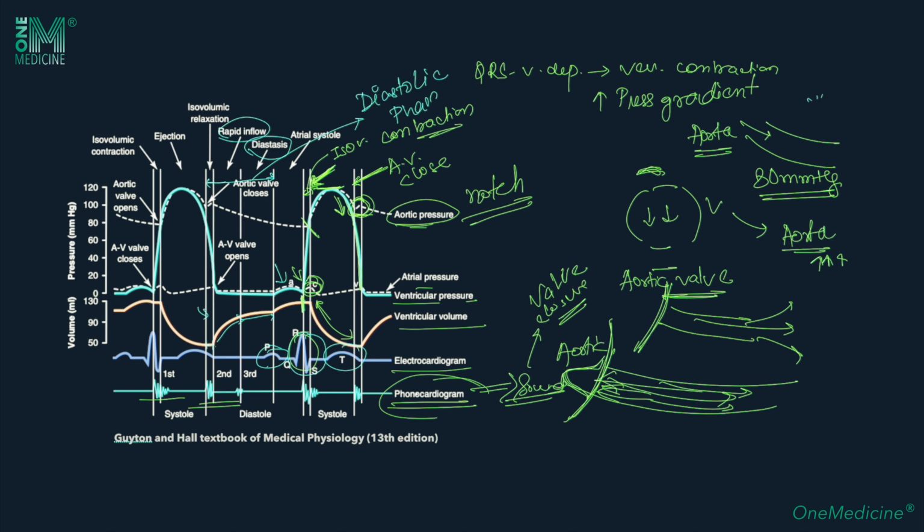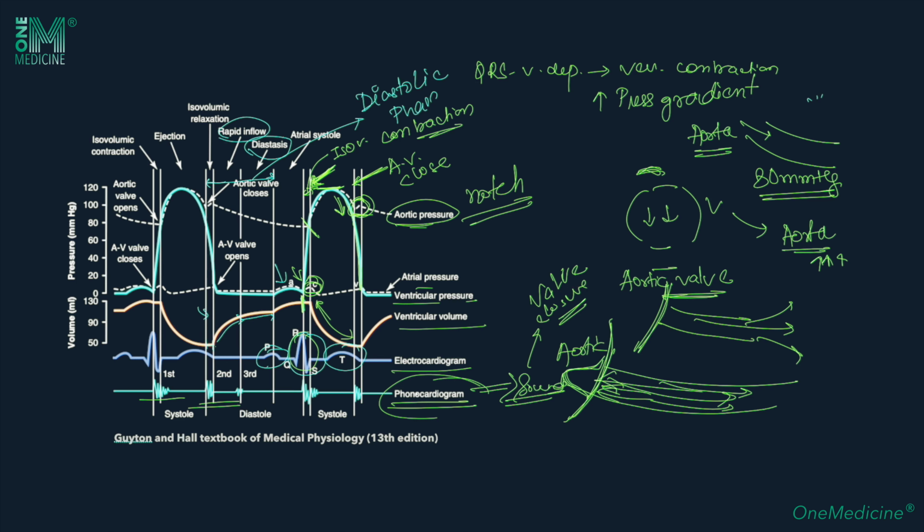Now here we will try to understand one very important thing: in both S1 as well as S2, there is valve closure. But why are the sounds so different? Why is S2 so different in its pitch and duration as compared to S1? Please understand that the AV valves are bigger in comparison to the aortic valves.